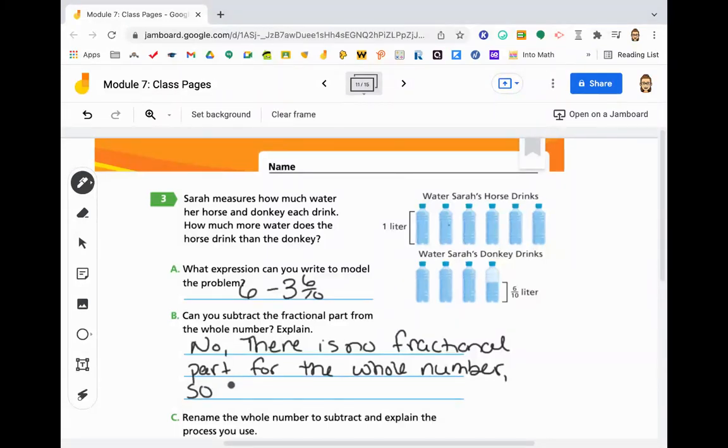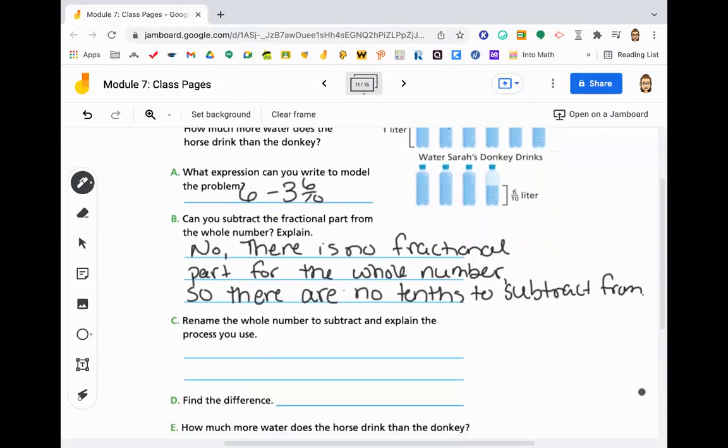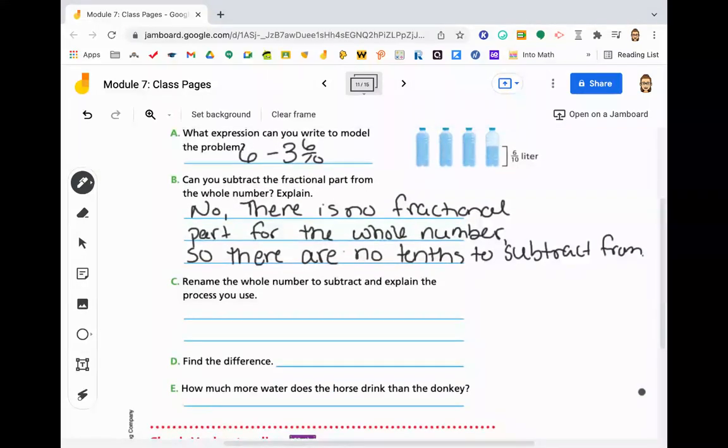So there are no tenths to subtract from. So it says rename the whole number to subtract and explain the process I use. Well, if I take away one whole, that would leave me 5. And then I would take that one whole and I would put it into tenths. Well, how many tenths are in a whole? There are 10. So I would get 5 and 10 tenths.